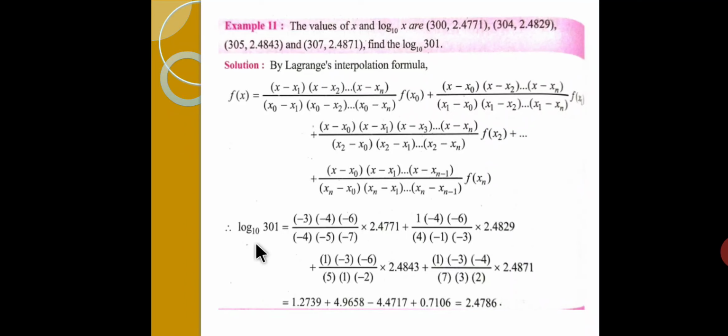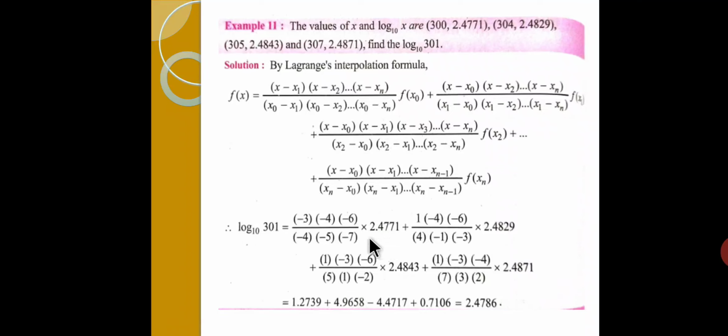So the given function is log base 10 of 301, which is equal to: x minus x1, that is 301 minus 304, so the value is minus 3, into minus 4, into minus 6, by minus 4, into minus 5, into minus 7, into f of x0 value 2.4771.